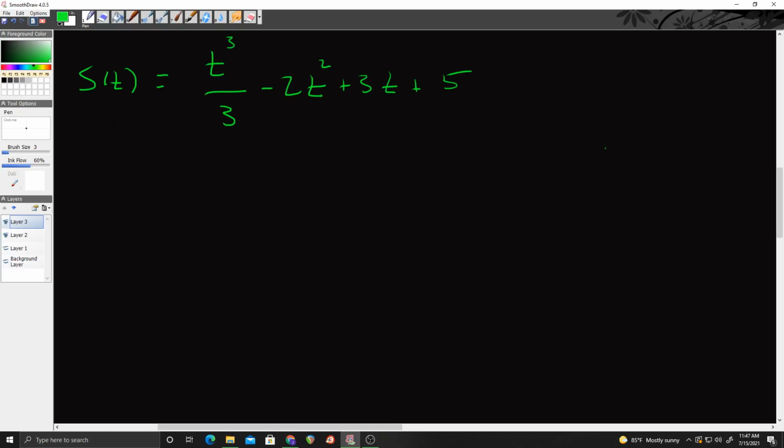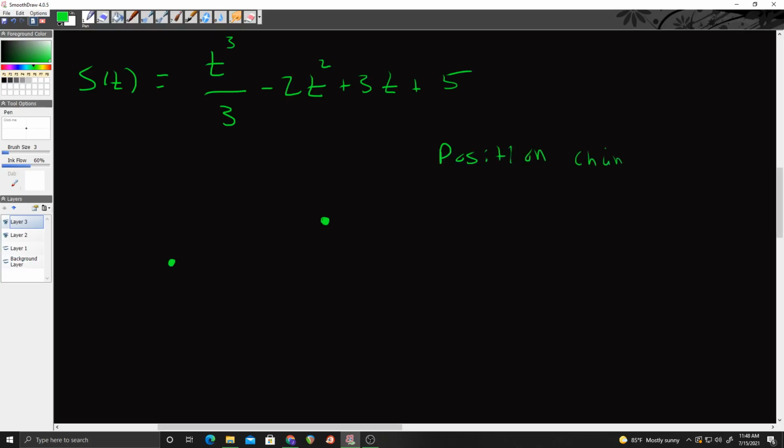Now, here is the basic idea. The basic idea, of course, is if I move something from one place to another. In other words, if this dot moves from here to here, then its position changed.